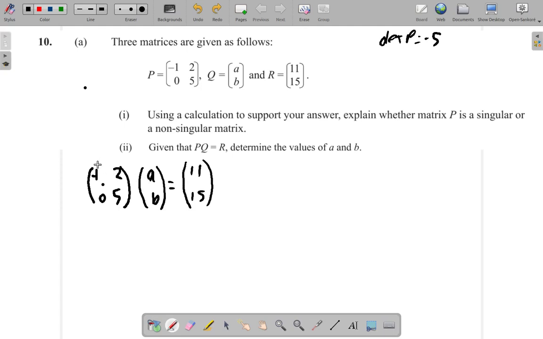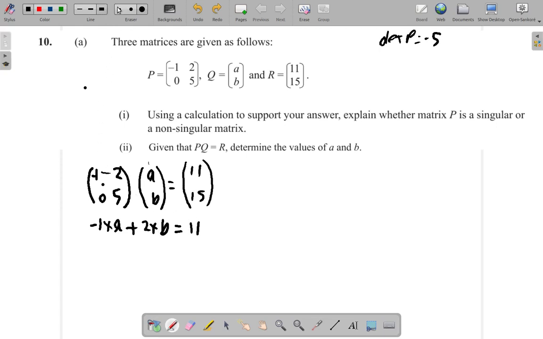So row by column. This row by the column, the first elements, -1 times A plus the second elements 2 times B is equal to the first element in the answer, 11.